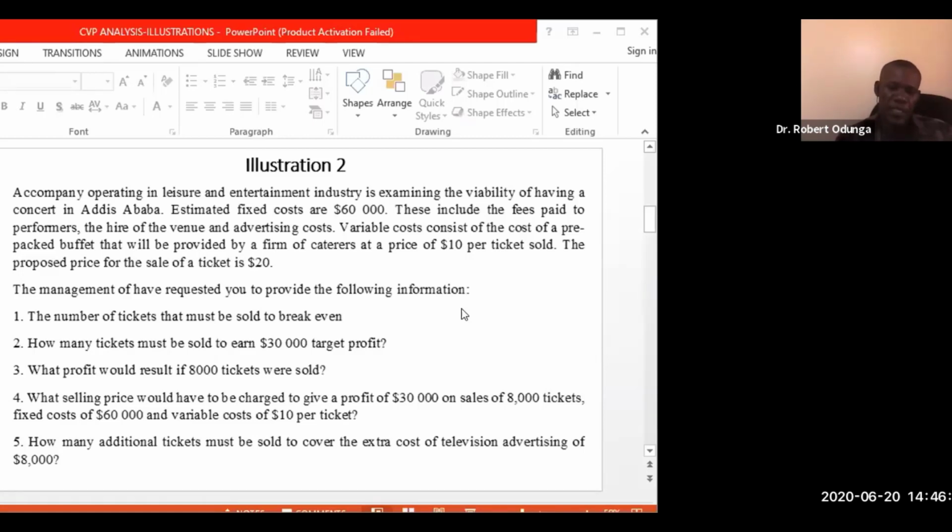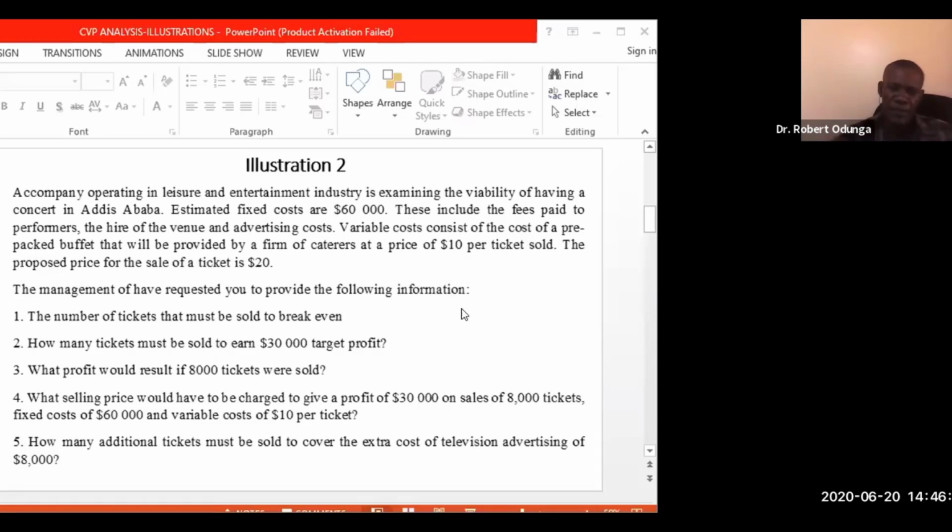Okay, and then now, what selling price would have to be charged to give a profit of 30,000 on sales of 8,000 tickets? All right, so we know the number of tickets that were sold.